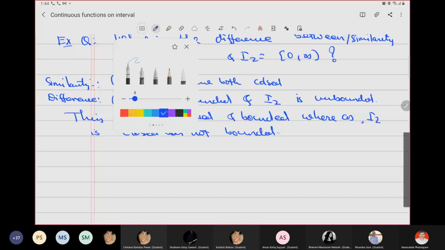Suppose I is a closed and bounded interval.